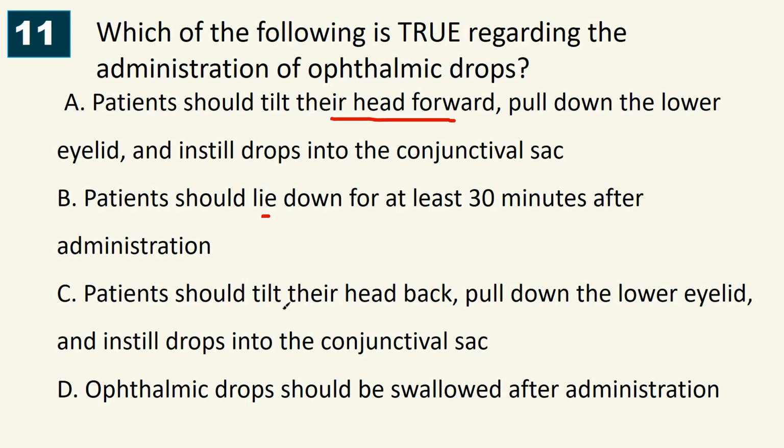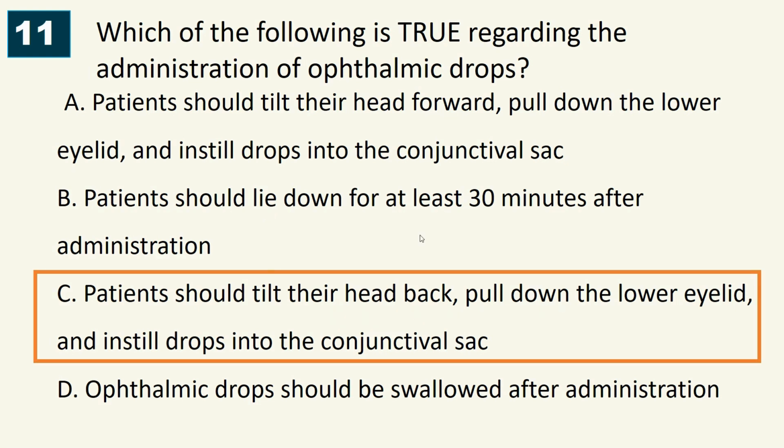C, should tilt the head back and pull down the lower eyelid and instill the drop into the conjunctival sac. So therefore the correct answer is C. For ophthalmic drops, patients should tilt their head back and pull down the lower eyelid and then instill drops into this pouch, the conjunctival sac, that is formed after pulling.